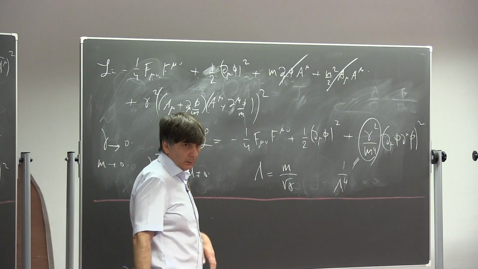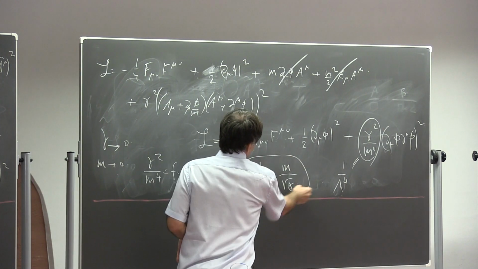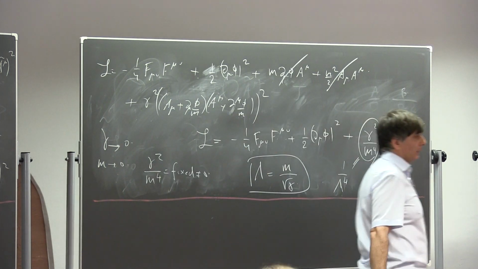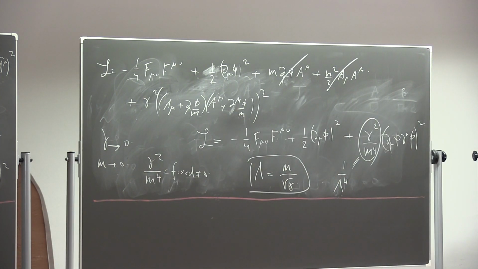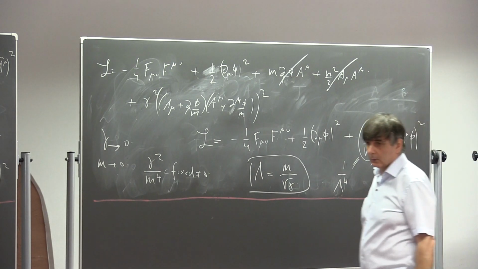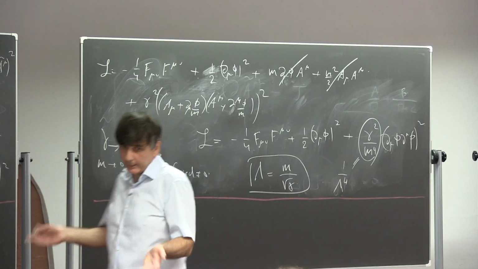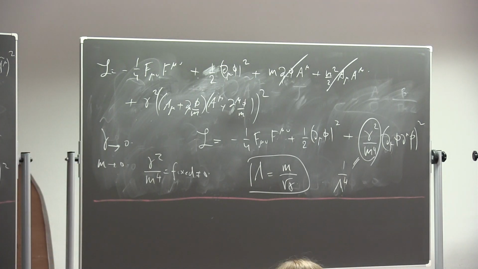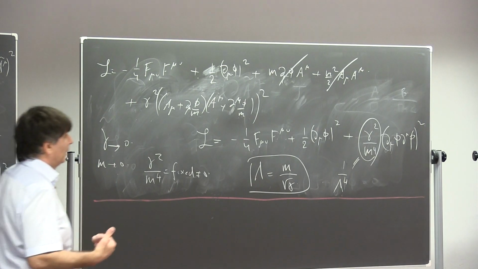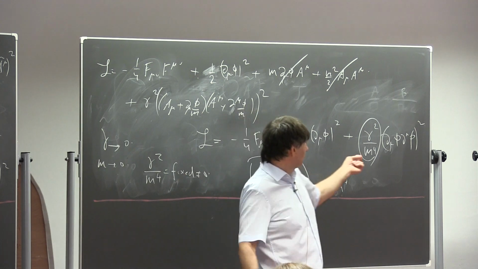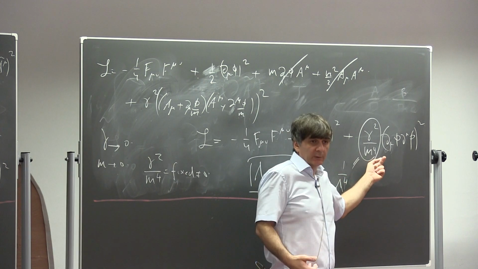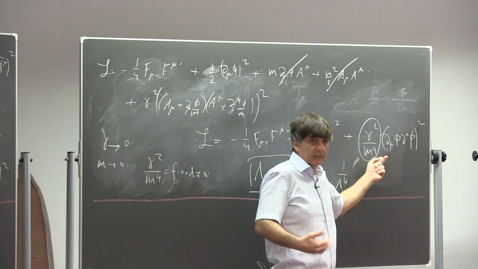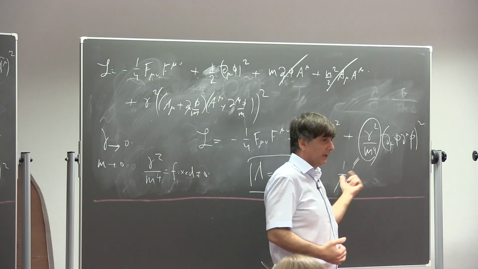This theory breaks down above that scale. So it becomes strongly interacting, violates perturbative unitarity, and therefore needs to be ultraviolet completed. So it requires ultraviolet completion above the scale lambda.